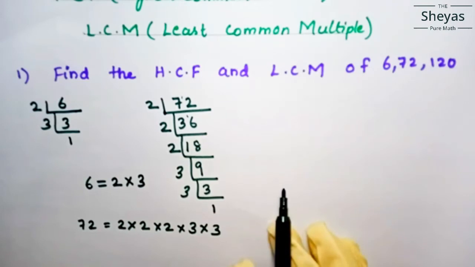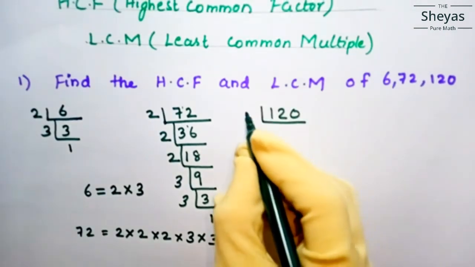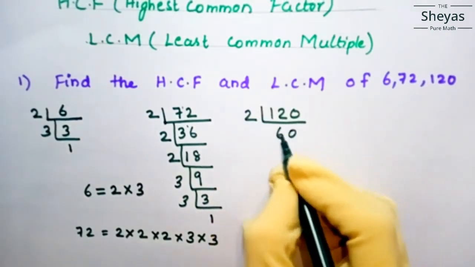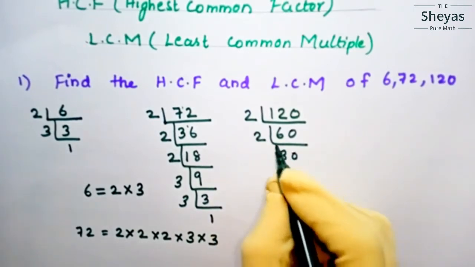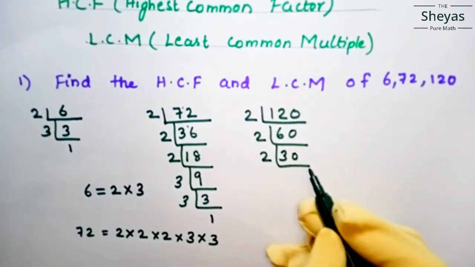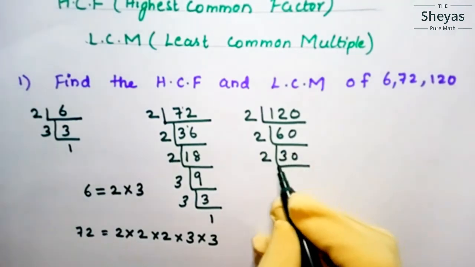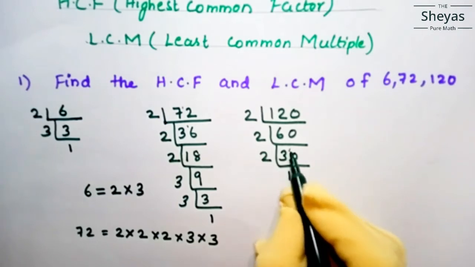Okay. Now we have to find the prime factors of 120. Let's start with 2. 2 6s are 12, then again 2. 3 2s are 6, 0. Then again with 2 because it is an even number. Now what will you get? 1 2s are 2, remaining 1.